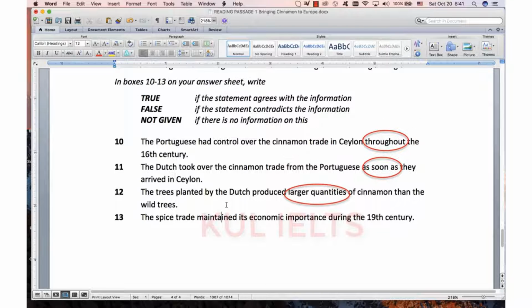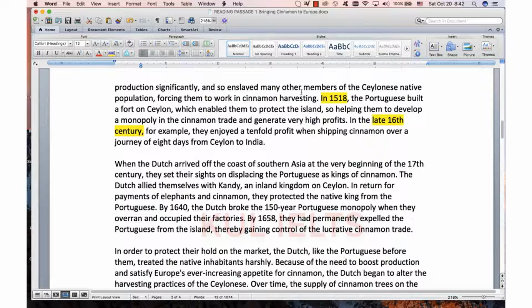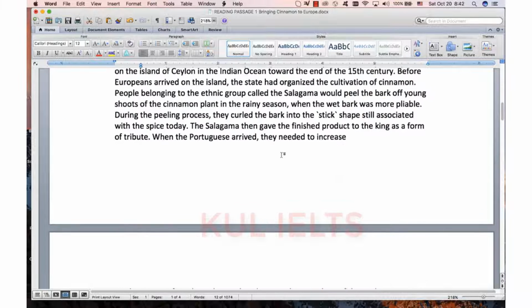Now with true false not given, if you don't know what I'm talking about, please go and watch my true false not given video. Now one thing I want to warn you about with true false not given, they often start with a difficult one, and it's the same over here. Did they have control throughout the 16th century? And it's somewhere over here.